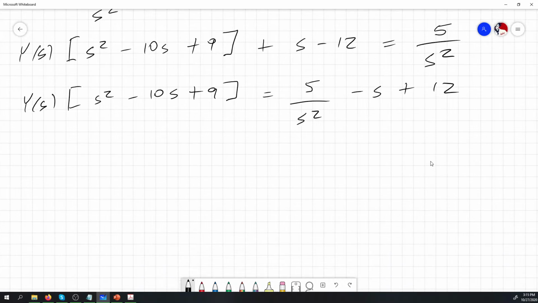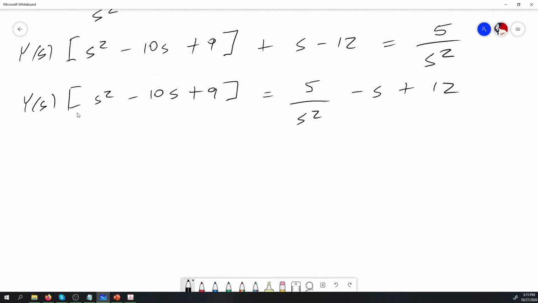We can do some manipulation here to get Y of s to be the subject of the formula. Before I move on here, let me factorize the left hand side. So this s squared minus 10s plus 9 here can become s minus 9, s minus 1.